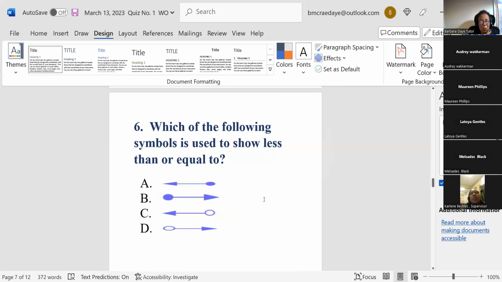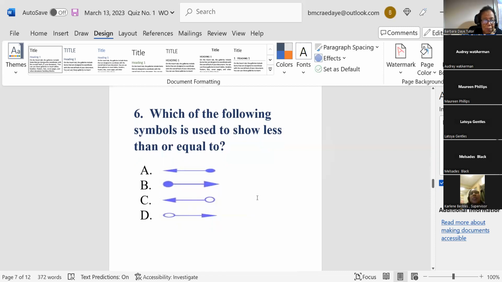So what's your answer, Maureen? B. That's increasing. No, you can't repeat that. A, that's right. Answer A. Remember it said less than or equal. So going from right to left is decreasing.